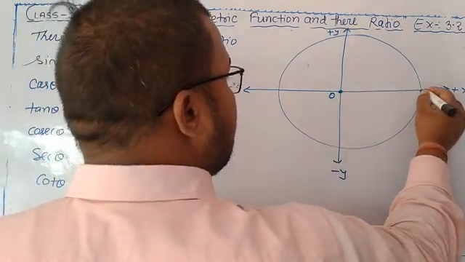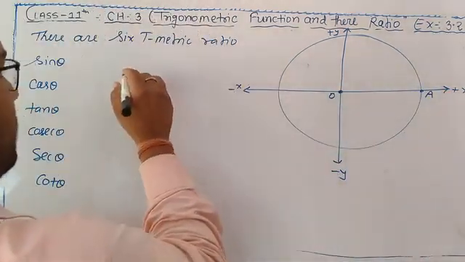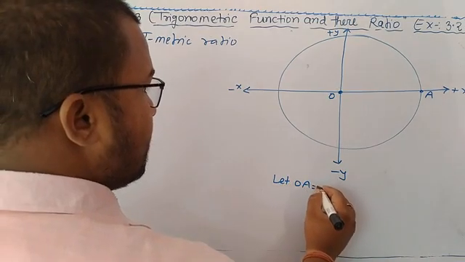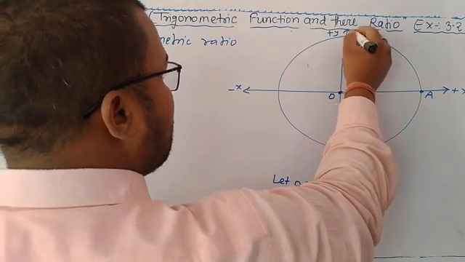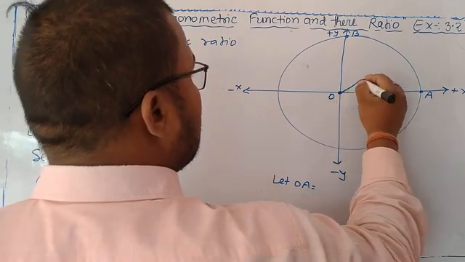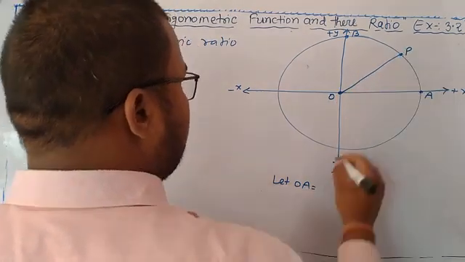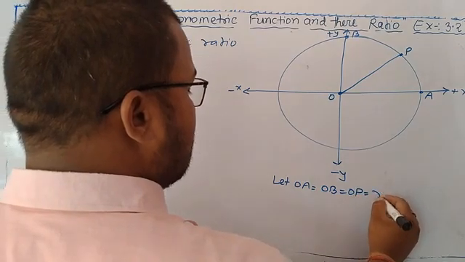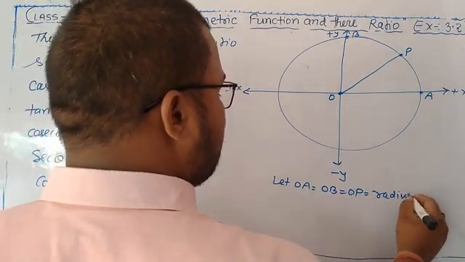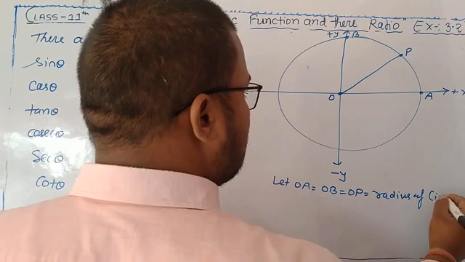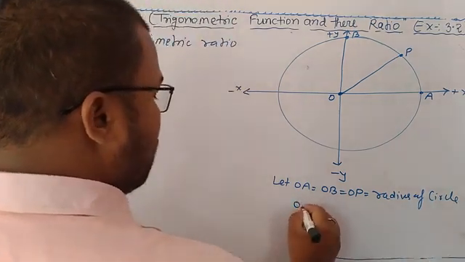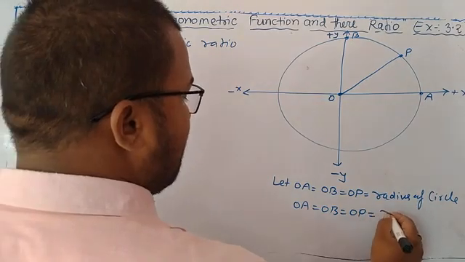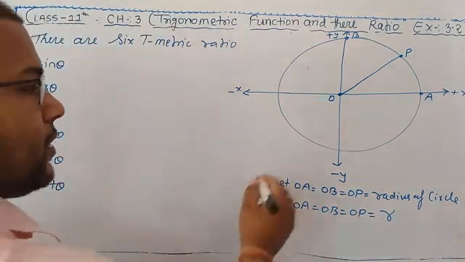Suppose OA is equal to OB is equal to OP is the radius of the circle. Means OA is equal to OB is equal to OP is equal to R.